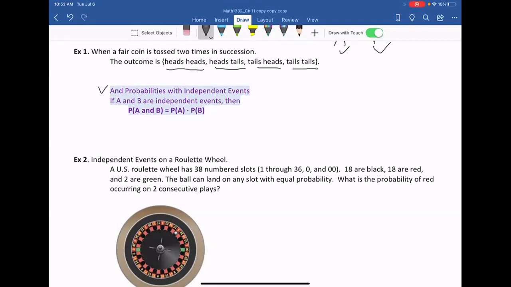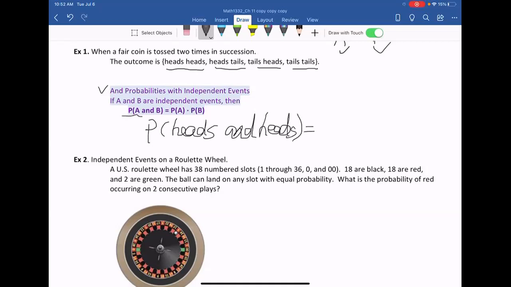The probabilities with independent events: if A and B are independent events, then the probability of A and B equals P of A times P of B. If I want to know the P of heads and heads, what's the probability of this?